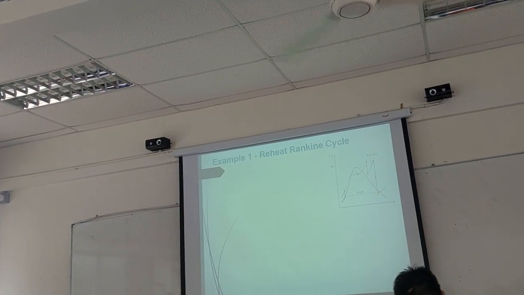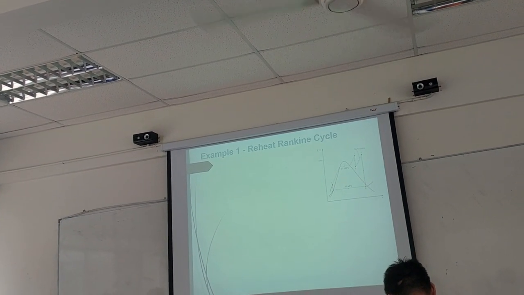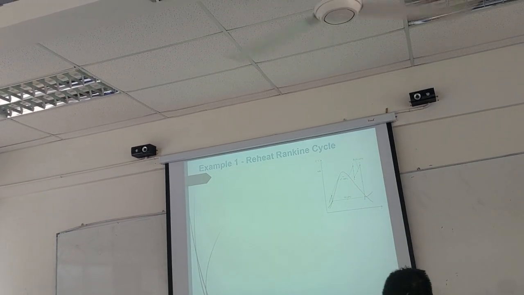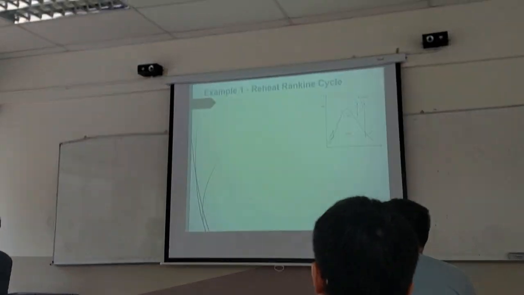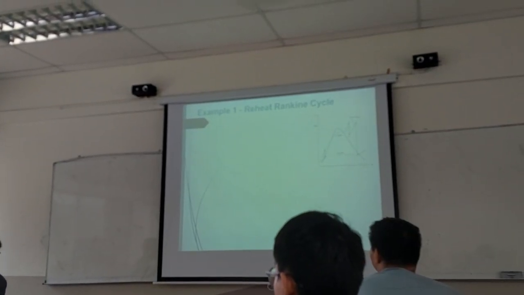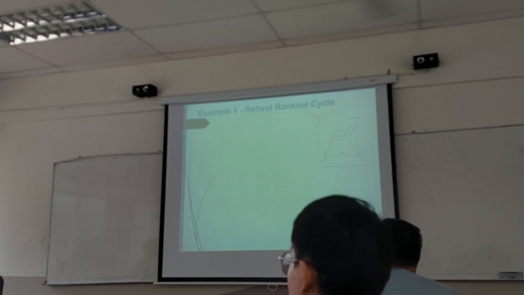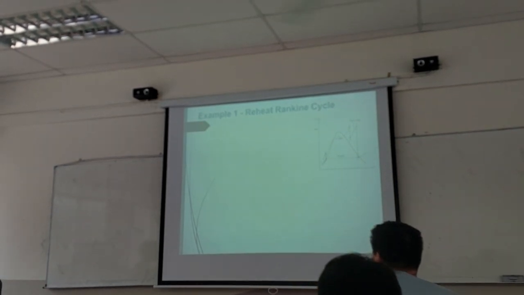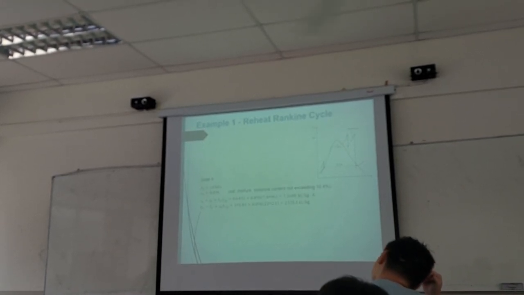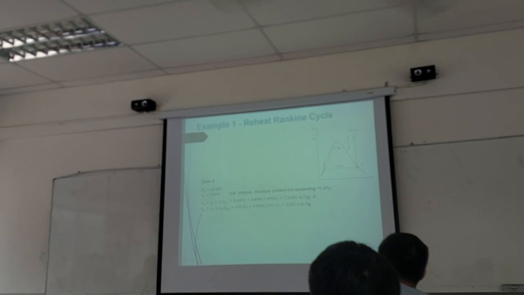If you don't know, you can still start from state 4, but you just write down everything. Like state 4, if you write halfway, you realize, okay, I don't have enough information. You just leave whatever you wrote there first, then you move on to the next state. You reach the state where you can see that you have enough information, then you start from there. In this case, I know state 6, so I started from state 6.